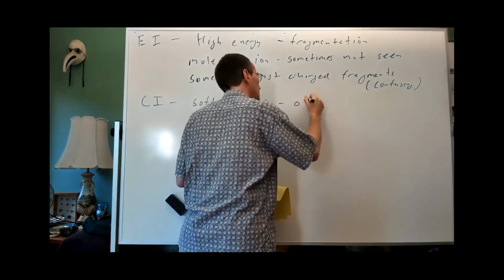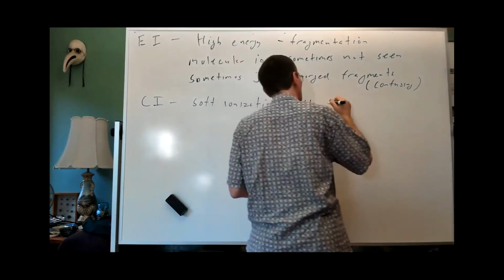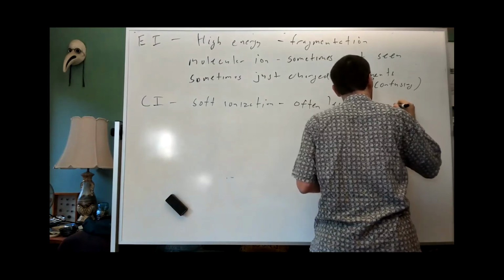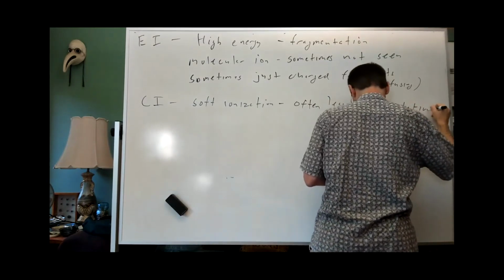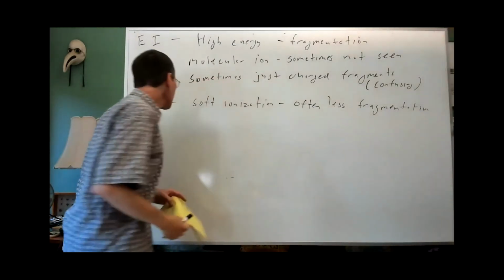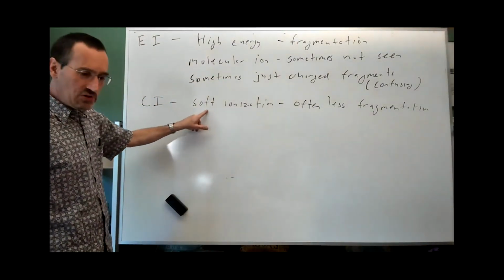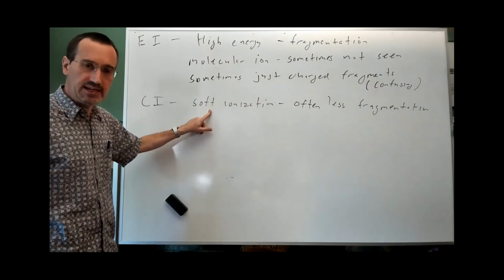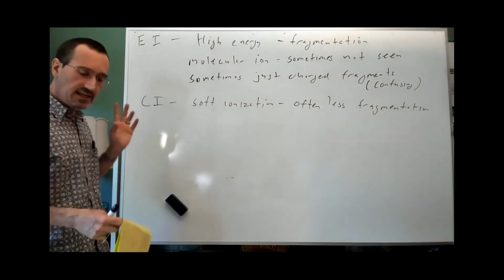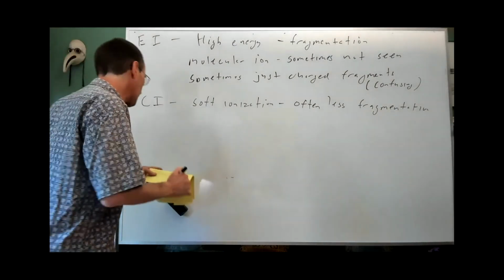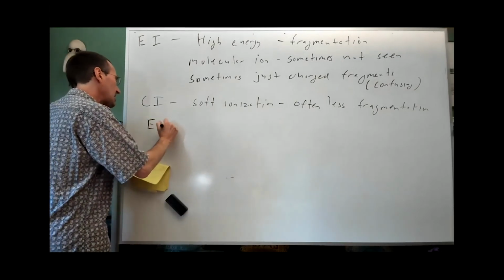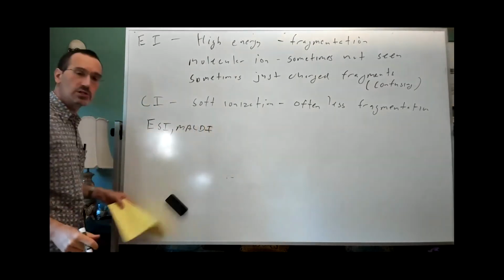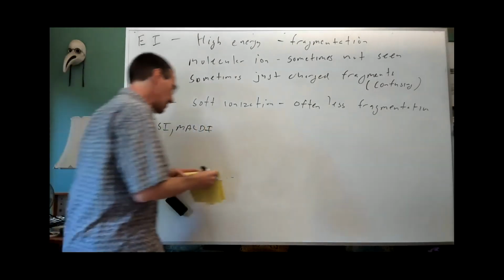And that often leads to less fragmentation. And as I said, your textbook, though, you'll get confused because often you'll see reactions with the reagent gas, such as picking up an allyl cation, and that can confuse you, but just read the textbook and you'll be prepared for it. ESI and MALDI, which are what I tend to use in my own group's research, give little or no fragmentation.